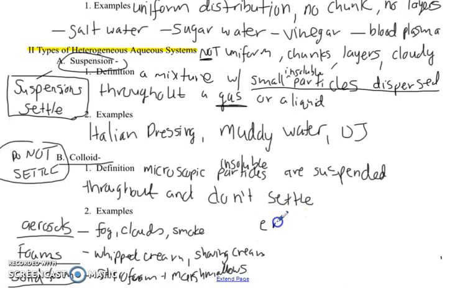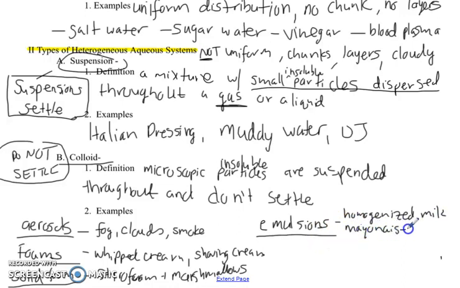We also have emulsions. Next category, emulsions. This would be homogenized milk, not raw milk. The milk you buy in the grocery store has been homogenized. So homogenized milk also includes mayonnaise. Types of lotion.